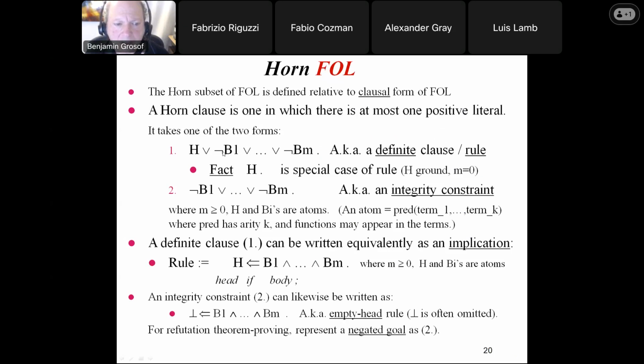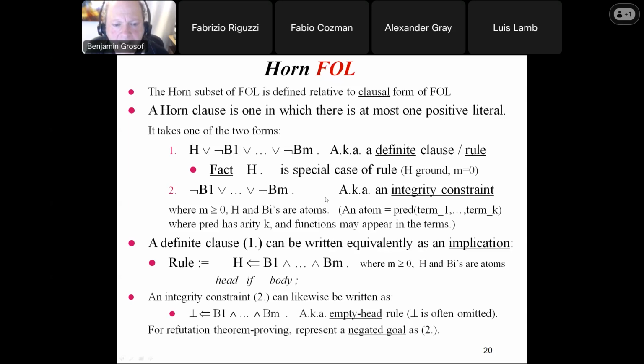This symbol before B1 means negated in the sense of strong negation in classical logic. If you have one positive literal in the clause, that is also known as a definite clause or so-called rule. A special case of that would be where you just have a single atom as a literal, say with no logical variables. That's called a fact.